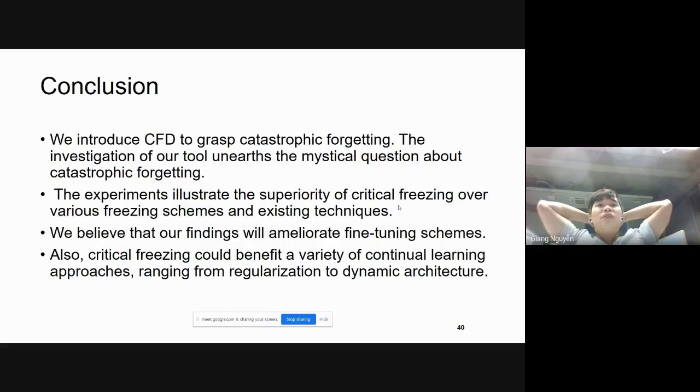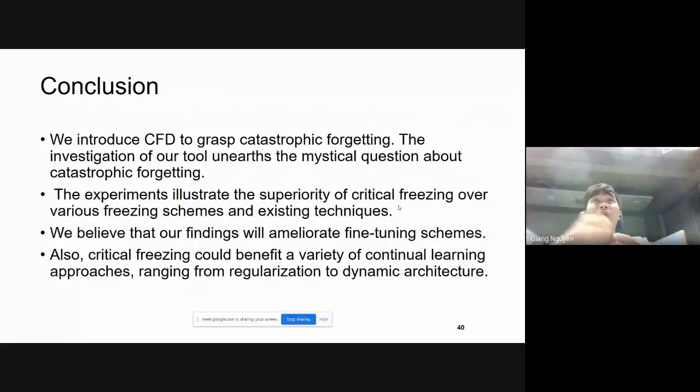The experiments illustrate the superiority of our approaches, and we believe that our findings will really benefit fine-tuning schemes, because at this time when you use fine-tuning, you pick the layers heuristically. For example, you just pick a few early layers, and you hope that you will get good features.